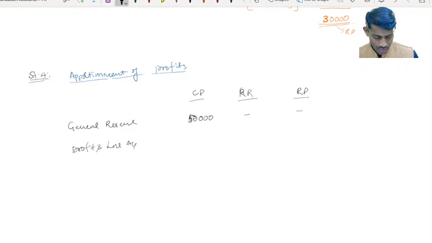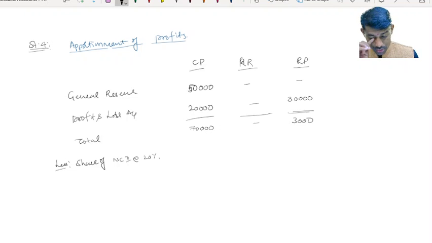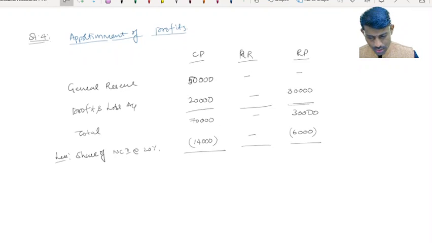Then profit and loss account. Capital profit we have 20,000 and revenue profit we have 30,000. So that's it. No other reserves. Therefore total it is 70,000 and 30,000, less share of non-controlling interest at 20%, which amounts to 14,000 and 6,000.